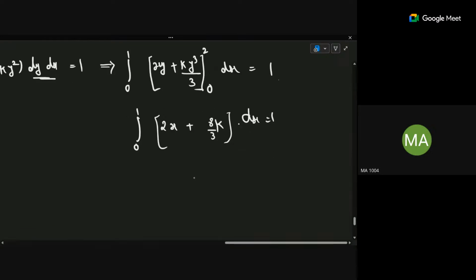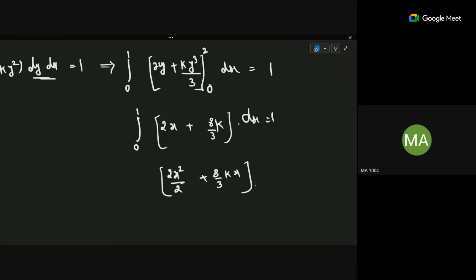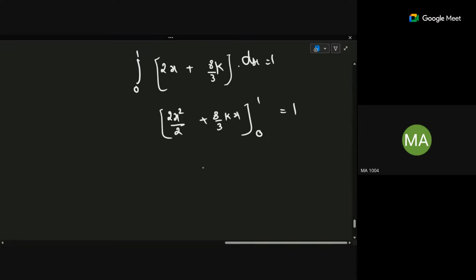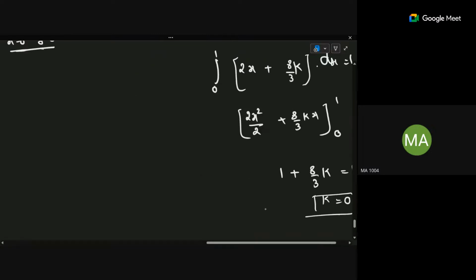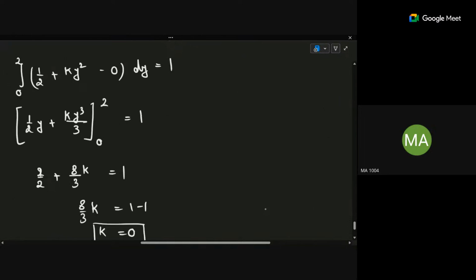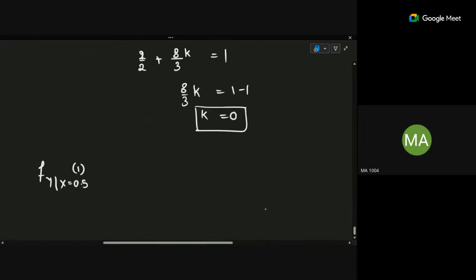Again, with respect to x, that means 2x square by 2 plus 8 by 3 kx from 0 to 1 is equal to 1. So again it will be 1 plus 8 by 3k, which is equal to 1. Again, k is equal to 0. Okay. So be careful with the integration. Otherwise, even though you are very clear with the concepts, you'll lose your marks unnecessarily.